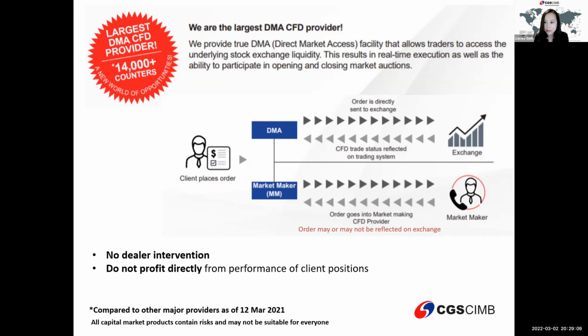Whereas for a market maker, once clients send in the order, it goes to the trading platform and the dealers take over. They have the discretion to decide whether they want to hedge the orders in the market or go against the customer. In this case, what we call the house.